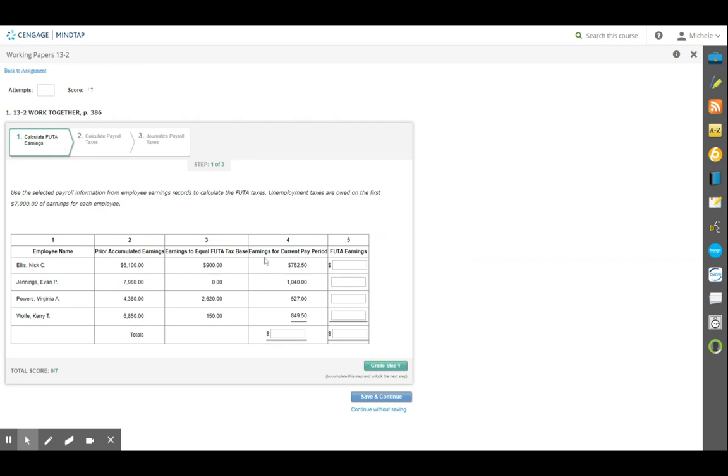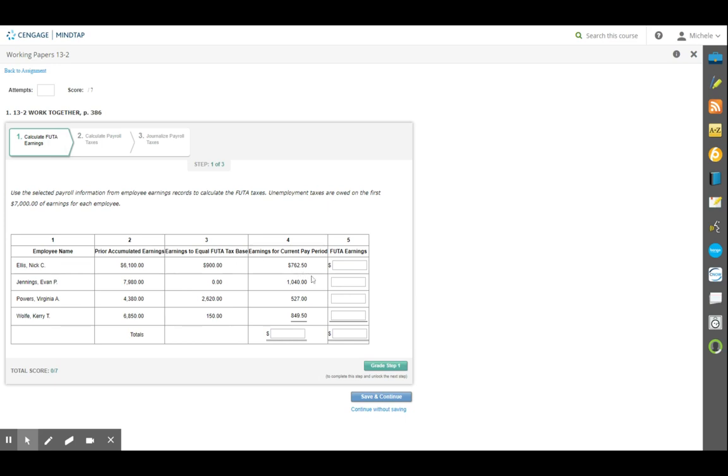And basically what we're doing is we're going to start here and figure out for our federal unemployment tax, our FUTA taxes, how much do we have to pay on? So it's got part of the chart filled out for us. We know how much each employee has already earned. We know they've already calculated the earnings that they still need to reach that $7,000 tax base.